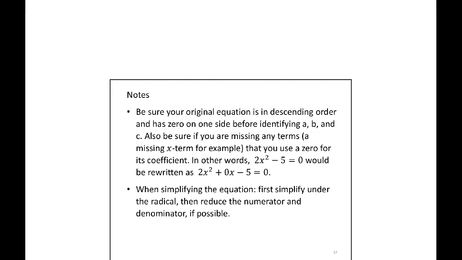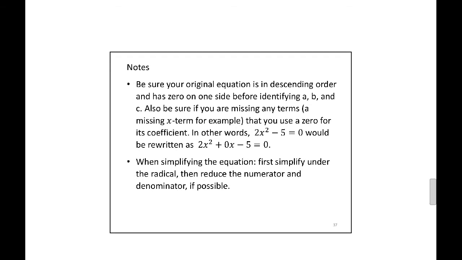Also, make sure that if you're missing any terms, a good example is a missing x term, then we actually have to fill those in. We have to use zero coefficients to have those before we can actually identify a, b, and c. Now, whenever we're simplifying our expression to actually determine what our solutions are, we need to simplify our radical first and then reduce if possible, as we've done previously.